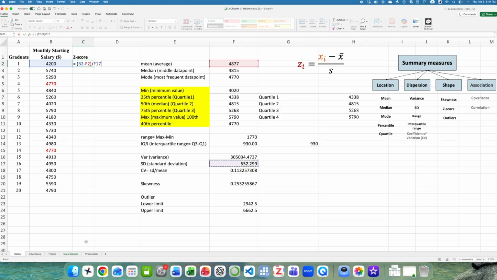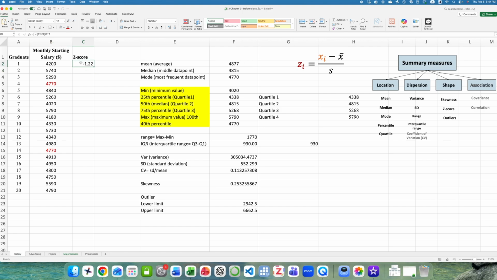Here we have the standard deviation. So minus 1.22. That means that this data point is 1.22 standard deviations below the mean of the data set.